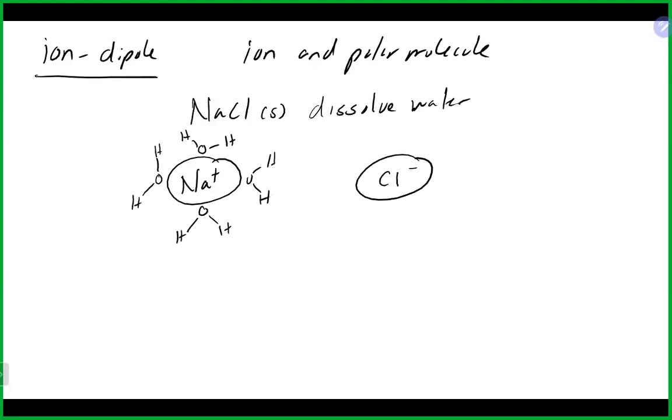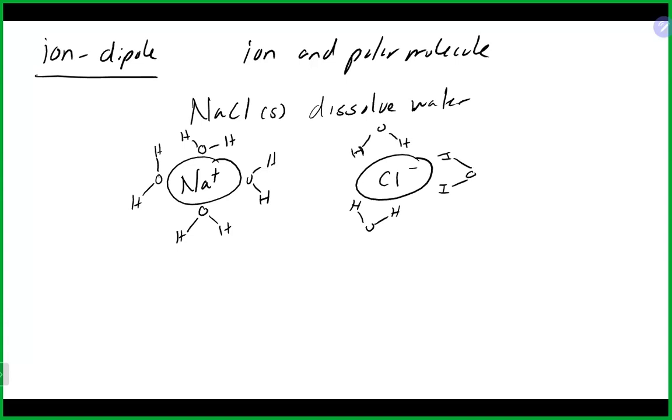And different water molecules will surround the negative ion around its positive side, which is the hydrogen side of water. And what this does is kind of twofold. This is really the interaction of an ion and a polar molecule. It's still a positive-negative attraction that's occurring. And this is how something like sodium chloride dissolves.